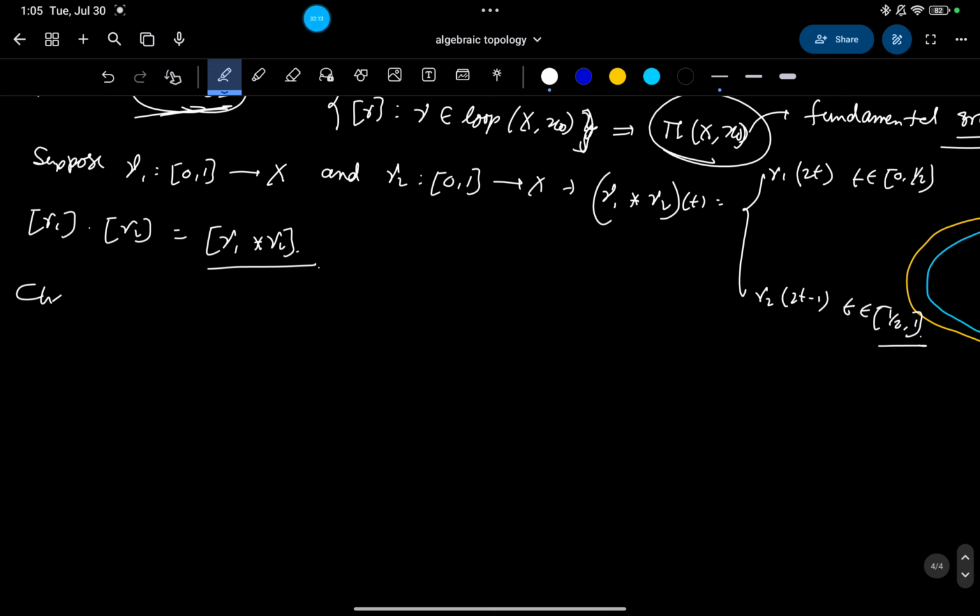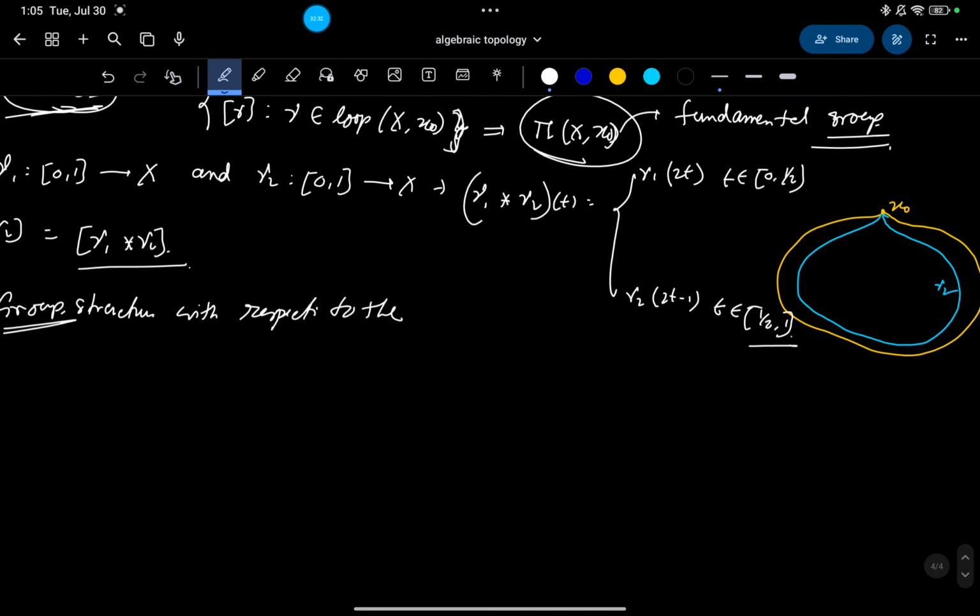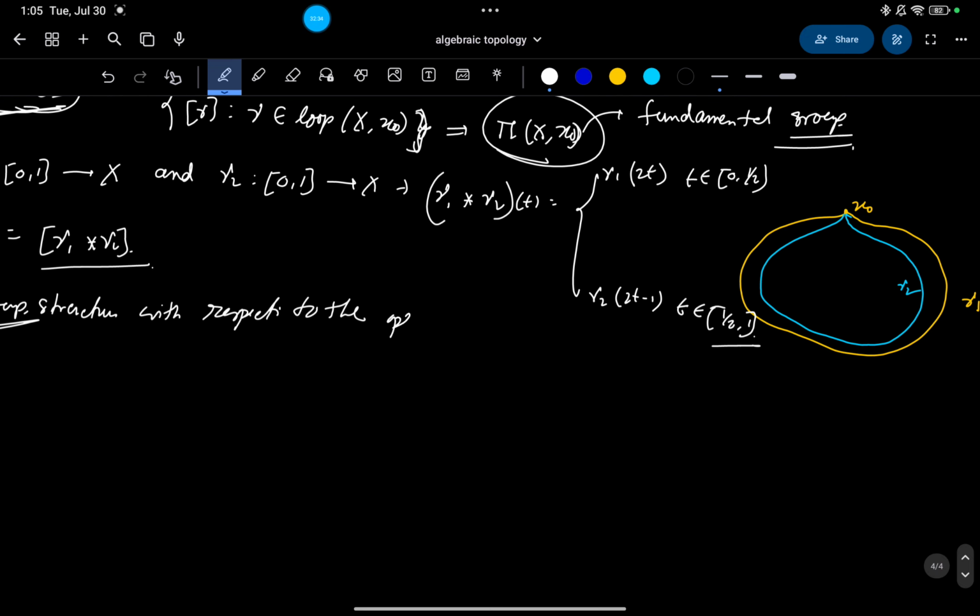One can check that this is a group with respect to these operations.